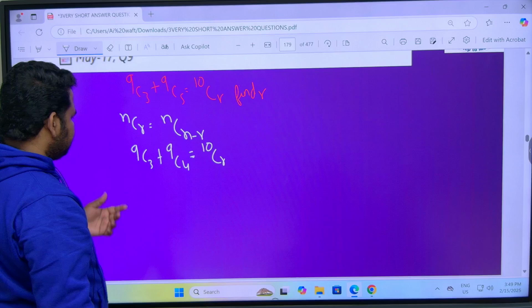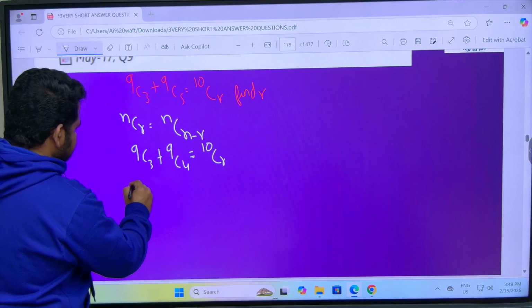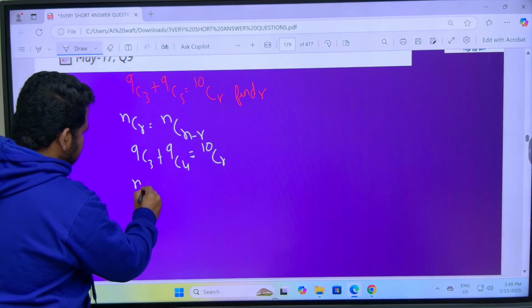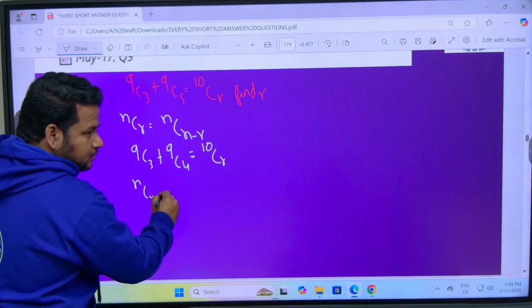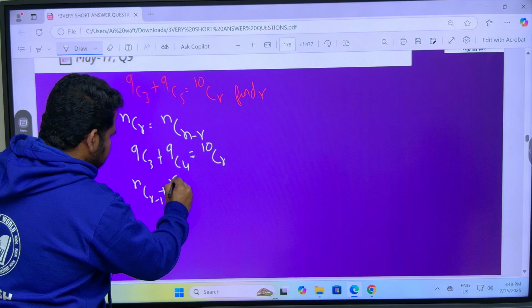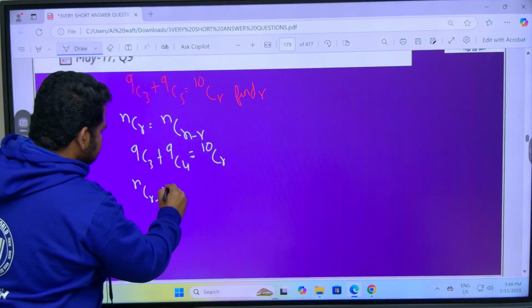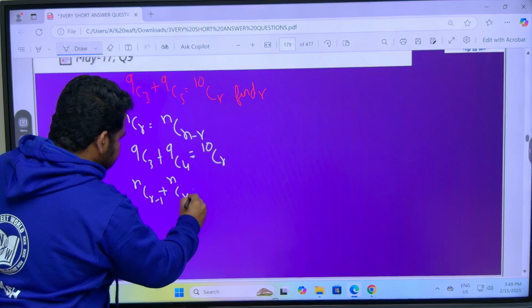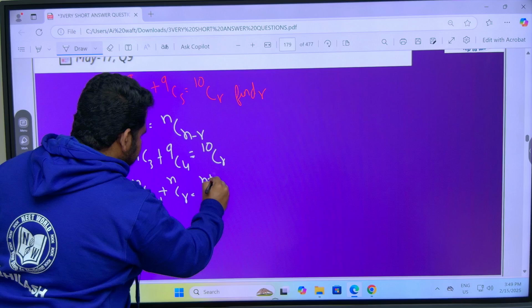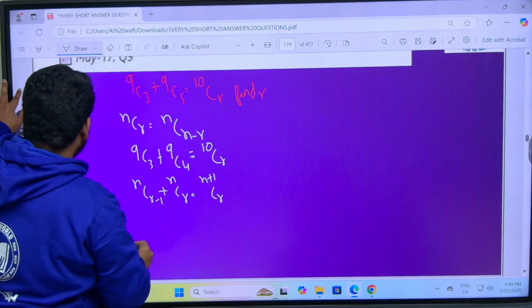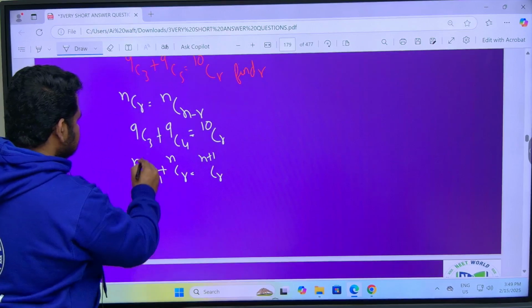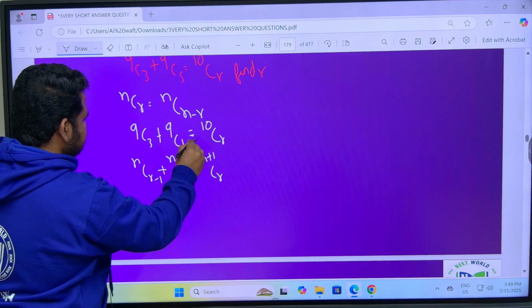Also, we have one more property: nC(R minus 1) + nCR is equal to (n plus 1)CR. So here this is similar to that. 9C3 + 9C4 is equal to 10CR.